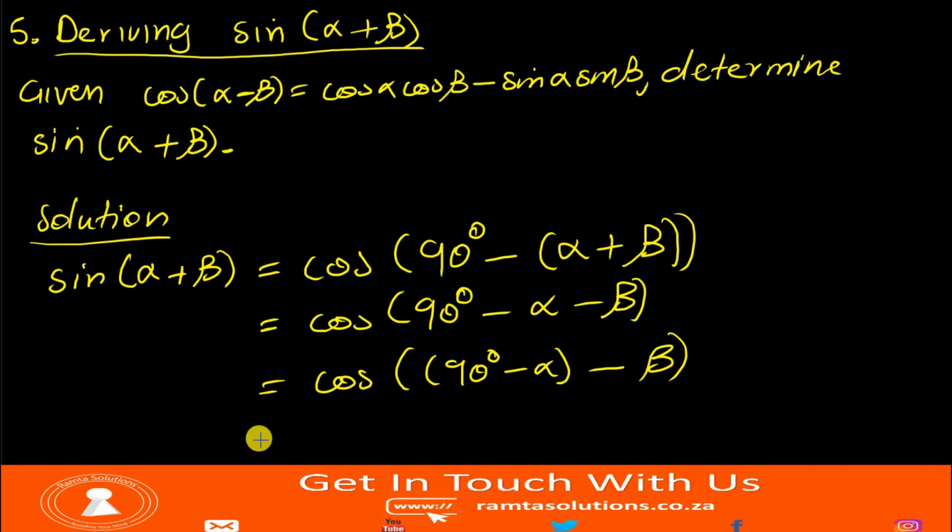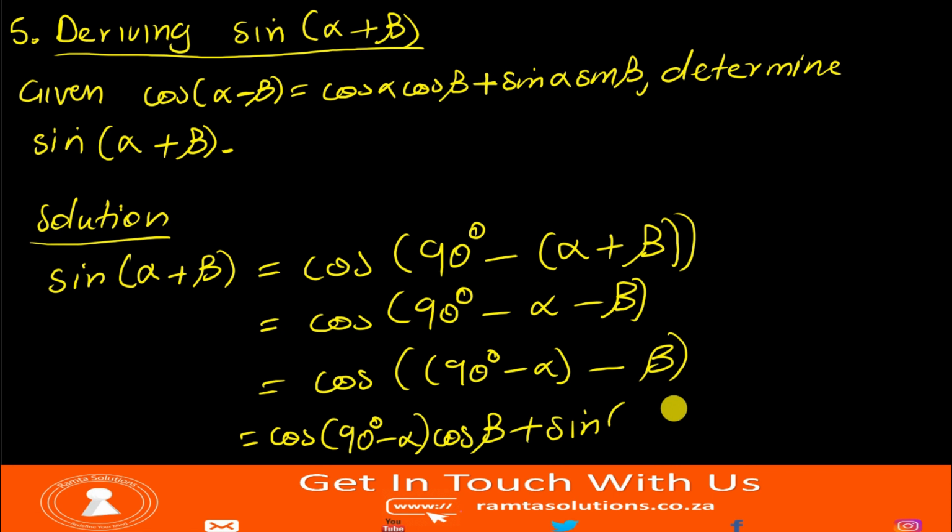All right. Now we have cos 90 degrees minus alpha cos beta. Remember, oh, my mistake. This is supposed to be plus. So cos 90 minus alpha and cos beta plus sine 90 degrees minus alpha and then sine beta.